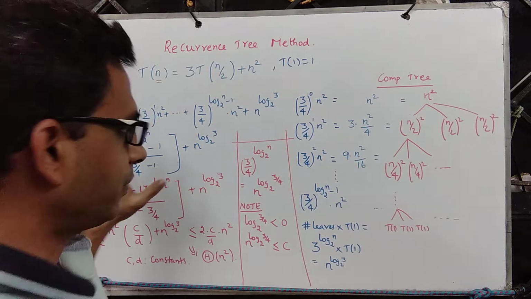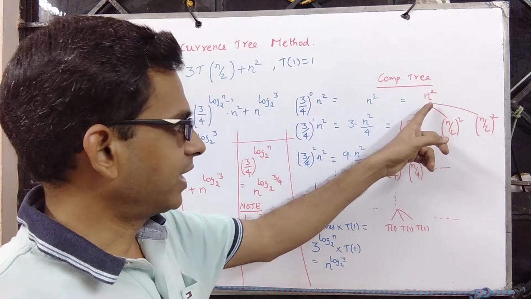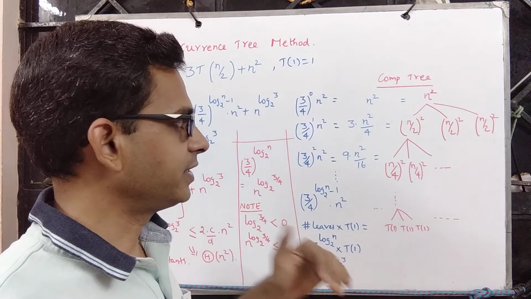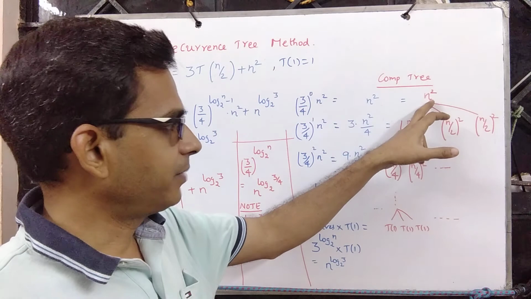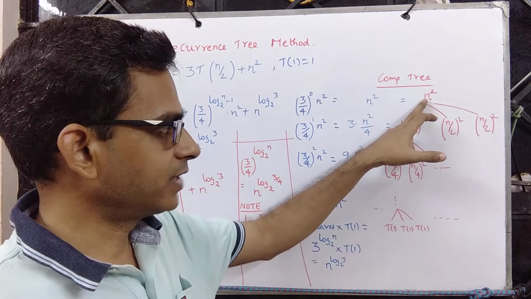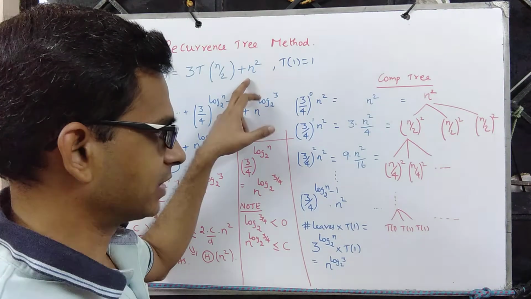So what did we do? On one side we had the input size reduction tree, and with that we identified the cost at each level. To combine partial solutions from each of these subtrees, we need n square at this node. That is what the function says.